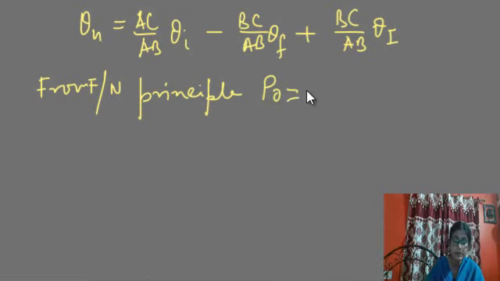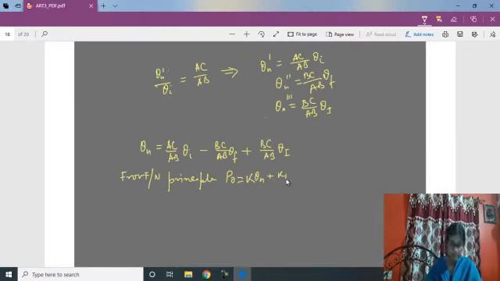So P0 equals K theta n plus some constant K1. So if we put that, theta n is equal to P0 by K minus K1 by K.